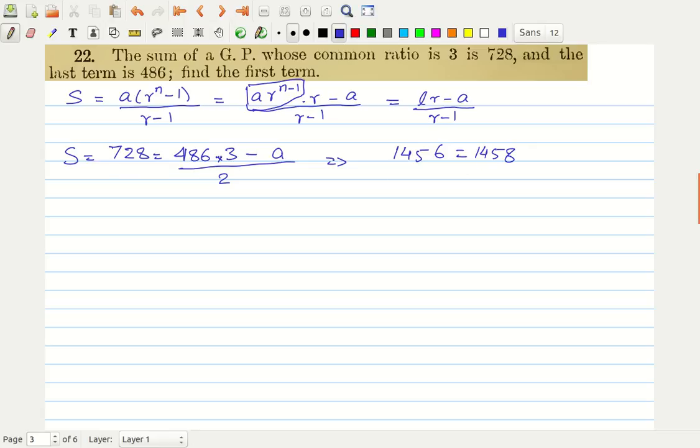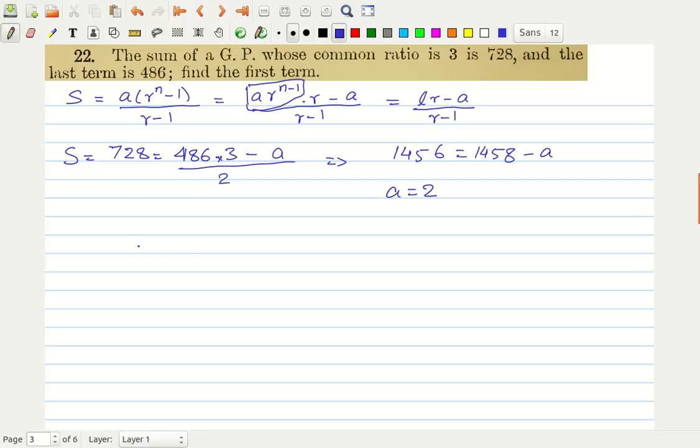Let me check again. 3 times 6 is 18, so carry 1. 3 times 8 is 24, plus 1 is 25, carry 2. 3 times 4 is 12. And from here we get a is equal to 2.